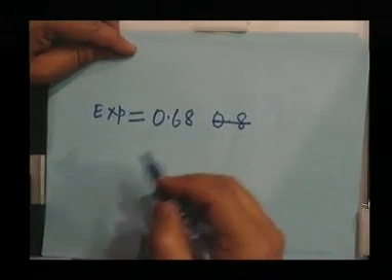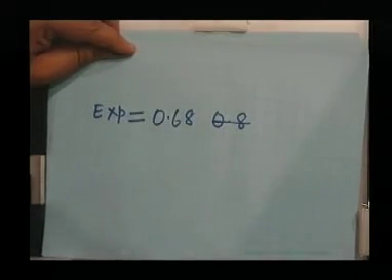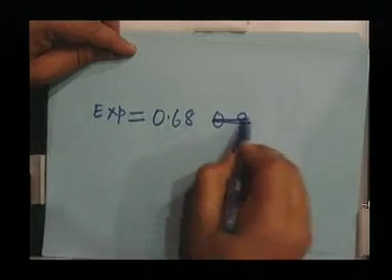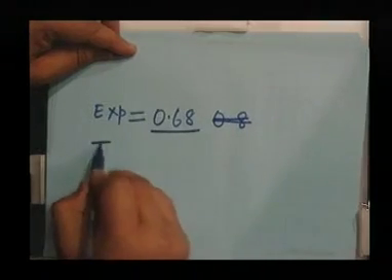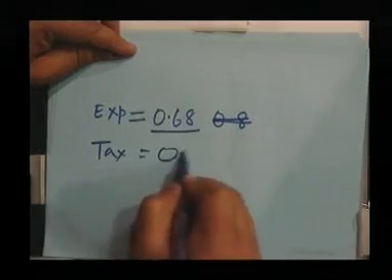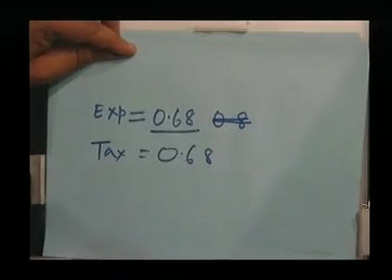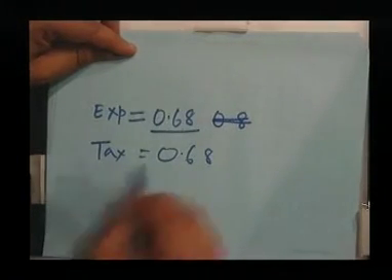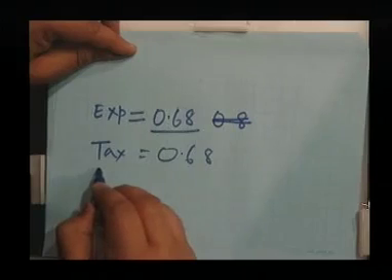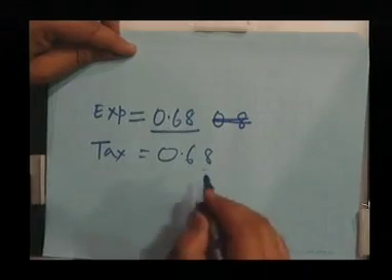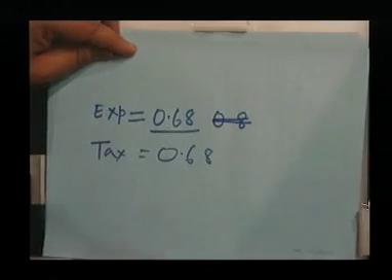So your net expense would be 0. Expense is 0.68 and tax is 0.68, this is what you are telling? No, the after-tax expense. So then net expense would be 0.